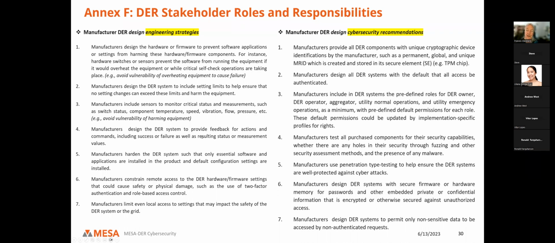So again, these are just sort of responsibility for the particular roles, because we wanted to be clear that sometimes cybersecurity can be handled by engineering strategies, redundancy, for instance, rather than always talking about cryptography and passwords and so forth. So I think it's important to recognize that it's a combination of engineering and cyber that will make things safer.